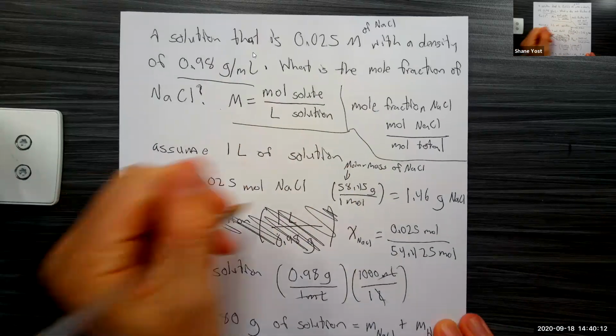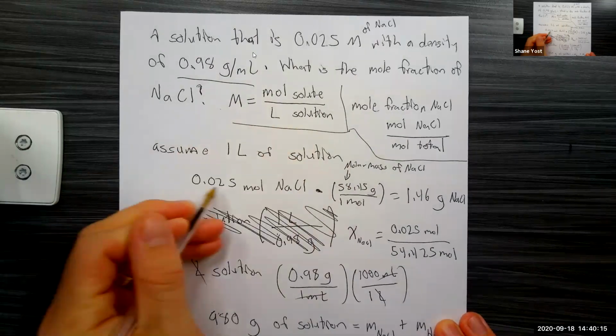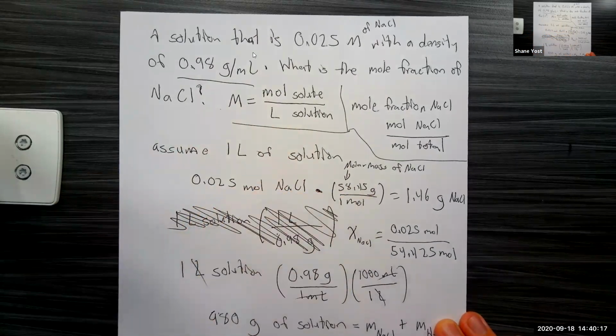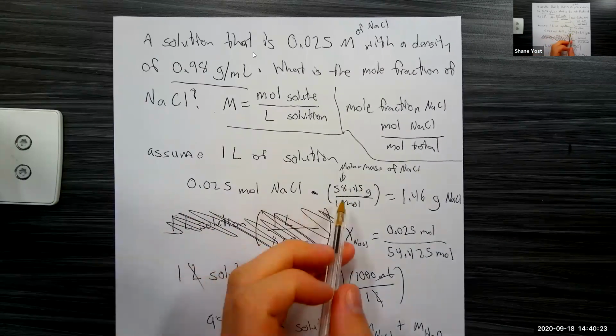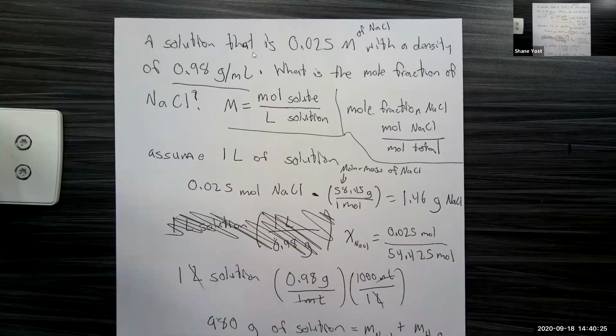So what I did is I took 0.025 and I multiplied it by 58.45. That's not very obvious, that I decided to take this number and multiply it by that. Yeah, thank you.